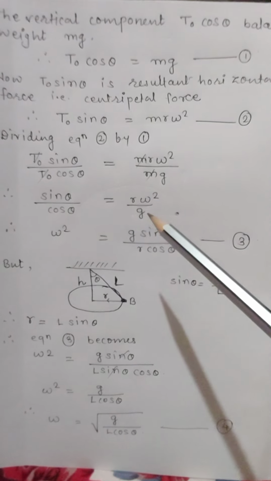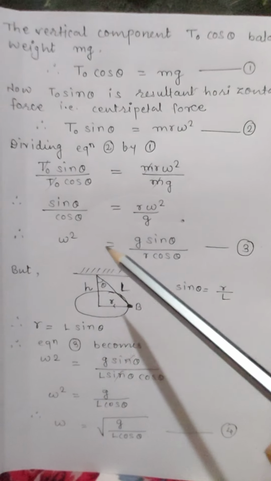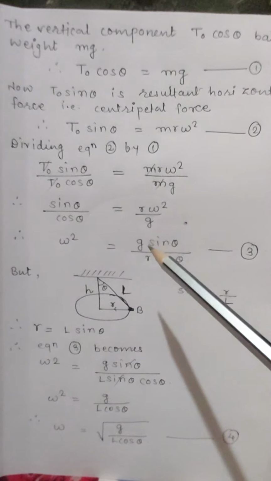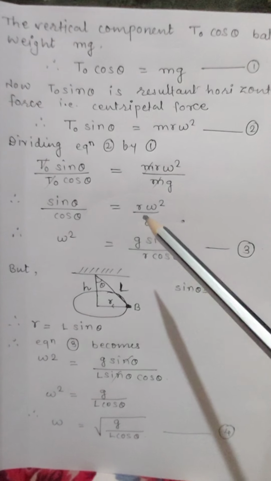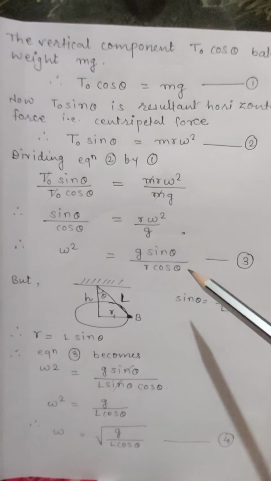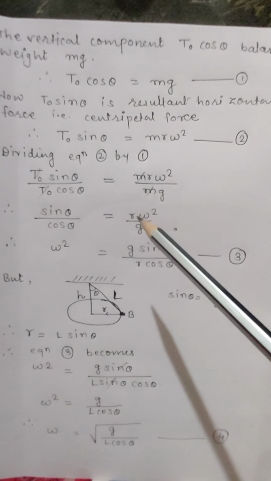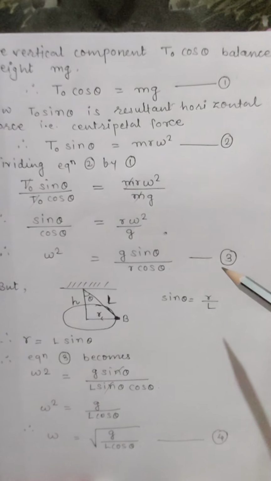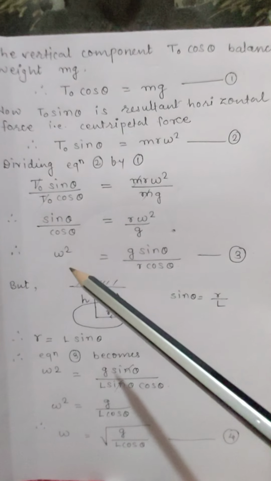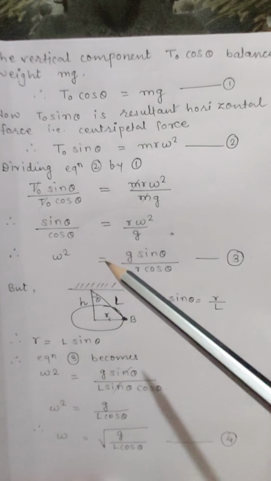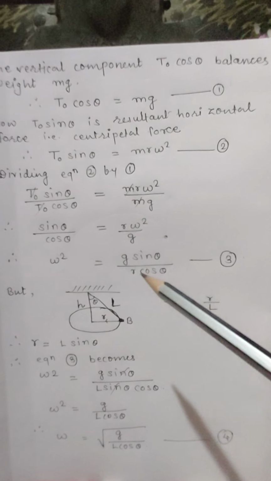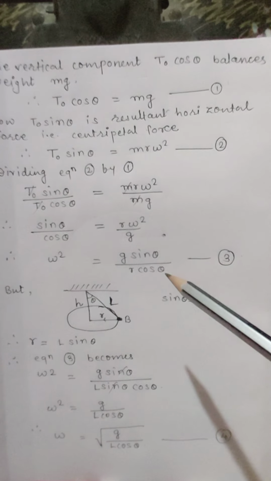After rearranging, omega square is equal to, take g on this side, g sin theta upon r cos theta. Take this r on this side. We'll call this equation number 3. What will we get in equation number 3? Omega square is equal to g sin theta upon r cos theta.